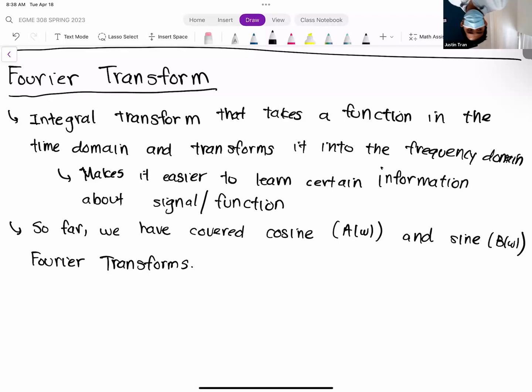These transforms are paired together with the sine and cosine. So this is nice, especially if you have a function which is either even or odd, because for even or odd functions these simplify very well. But it's still annoying to have to compute two different functions to get the full Fourier transform. So the first thing we're going to cover today is a more complete form of the Fourier transform, where we compute just one function instead of two.